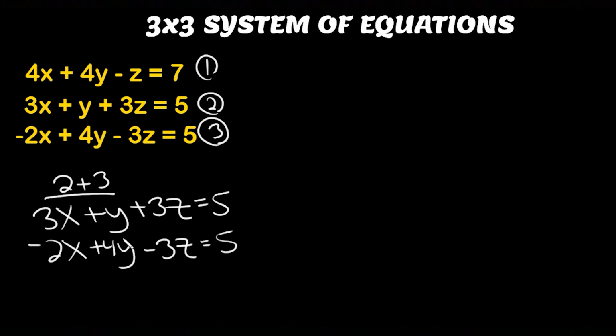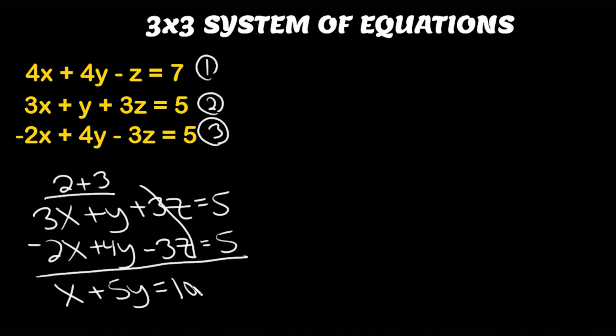So we're going to do elimination and we're going to add. So 3x plus a negative 2x, that will give you x. y plus 4y, that's going to give you plus 5y. This will eliminate, that's what we want. And then 5 plus 5, that will give you 10, so equal to 10, okay? So there's part of my 2x2 system that I'm bringing it down to. I have it in terms of x and y now.